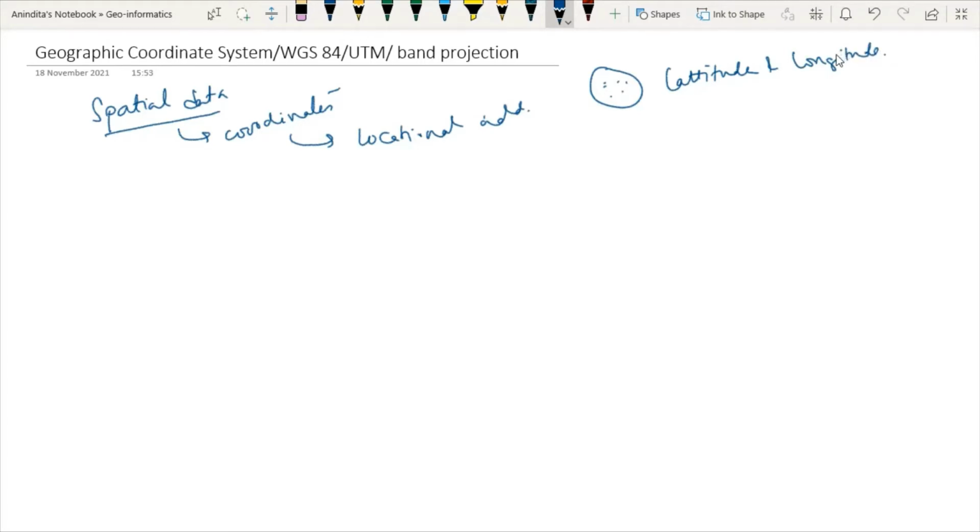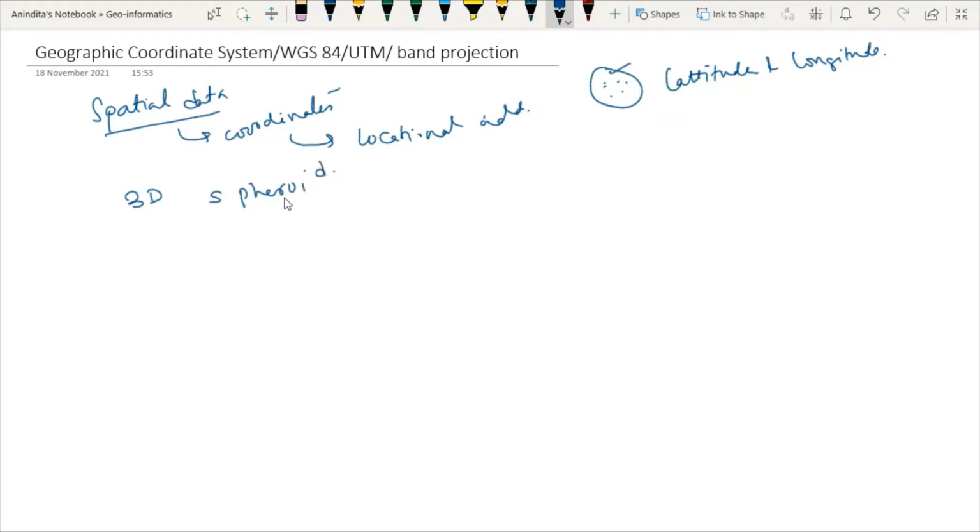We know everything about this. But now let's see what these coordinates are. Each point on earth has a given coordinate. Now you have to keep in mind that whenever I am talking about the earth, it has a specific shape, that is, the earth is a spheroid.